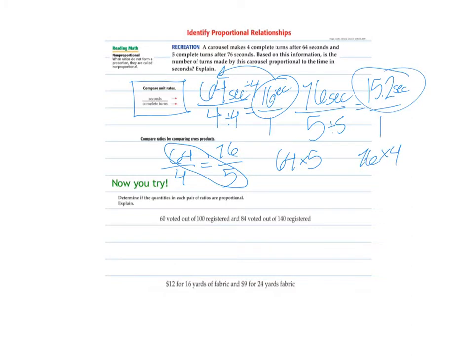So I know that 64 times 5 is equal to 320, and 76 times 4 is equal to 304. So 320 is not equal to 304. That's how we know it's not a proportional relationship. Okay?